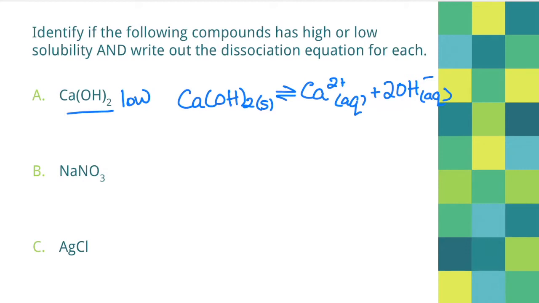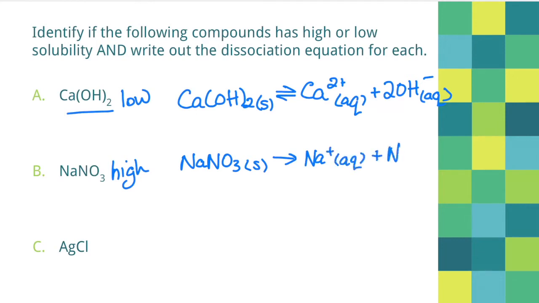For our second compound here, it has high solubility. So for this one, sodium nitrate, it will completely dissociate into sodium ions and nitrate ions.